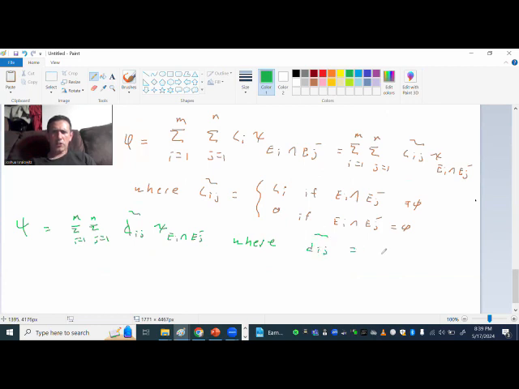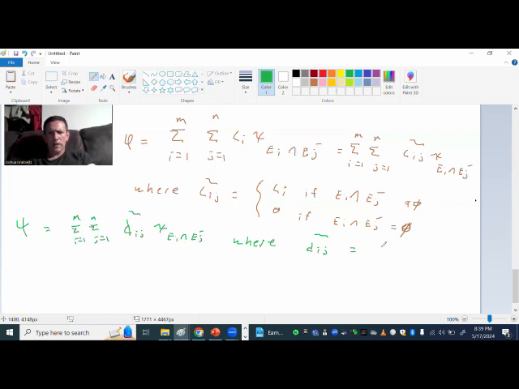If you have any doubts, check. It's being redundant here because if E_i intersect E_j prime is empty, then that should be empty, not var phi. If it's empty, then the characteristic function is 0, so it's just like 0 times 0.